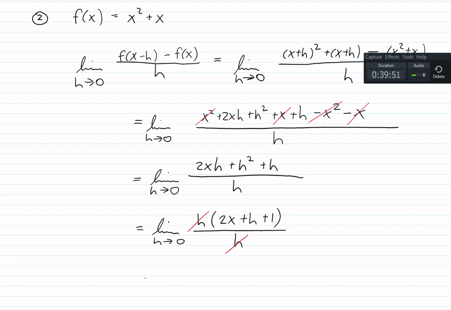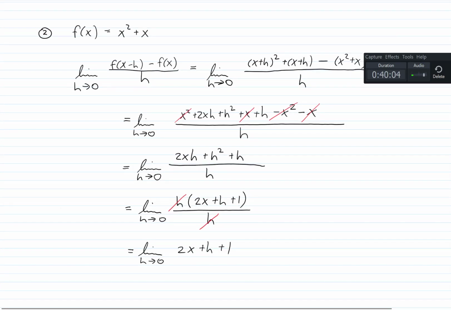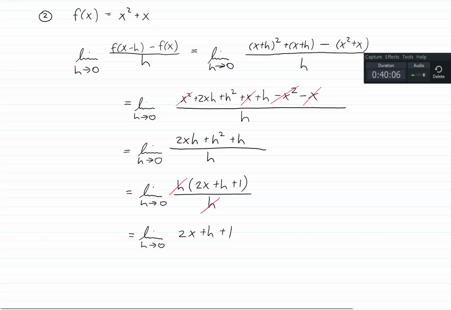And all I have left here is 2x plus h plus 1, and I want to find the limit as h approaches 0. Well, if you have 2x plus h plus 1 and the h approaches 0, then isn't that going to approach 2x plus 1? There's our answer.